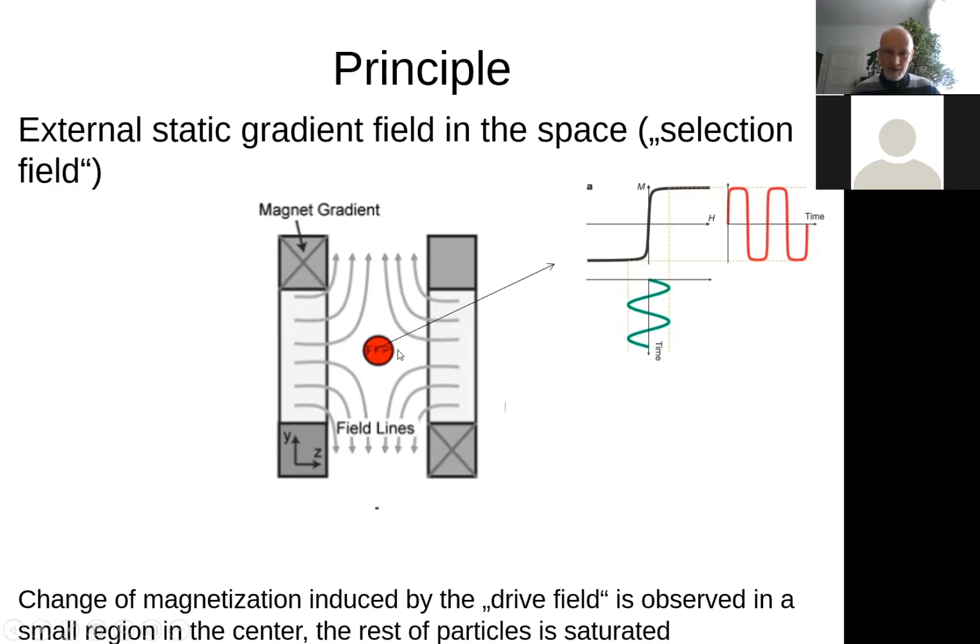So here is zero magnetic field, but the magnetic field from this point increases towards the border of the space limited by these two magnets.